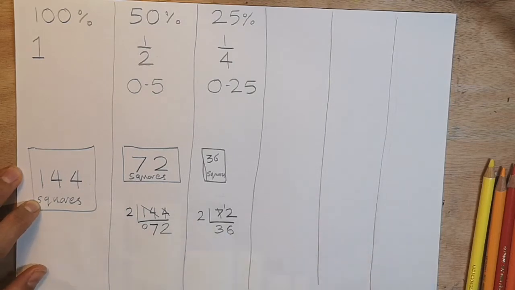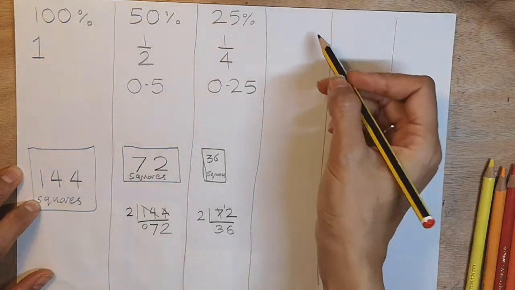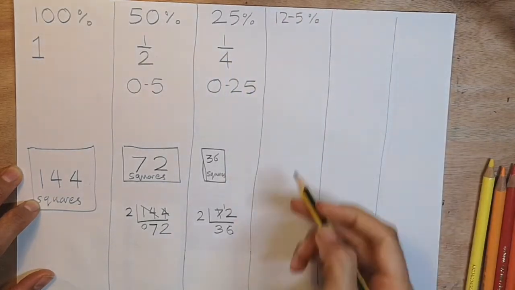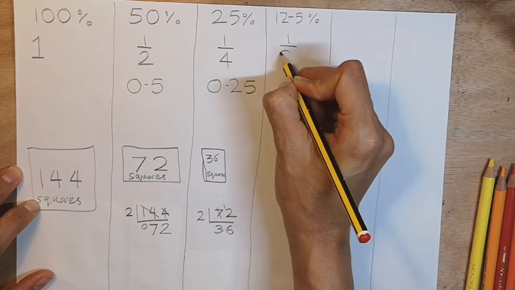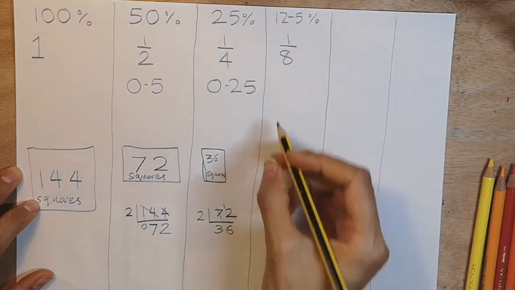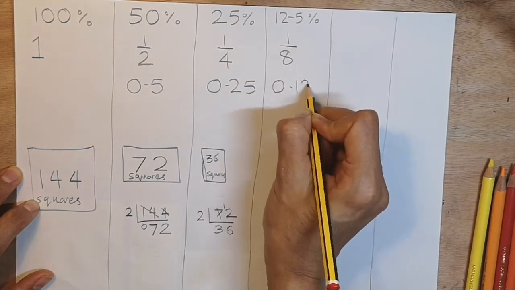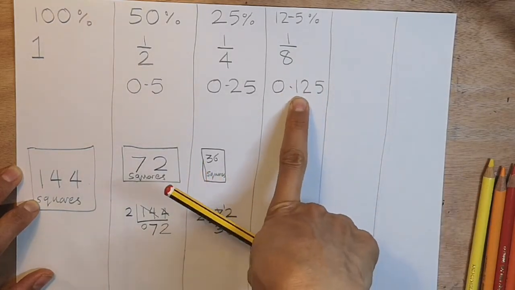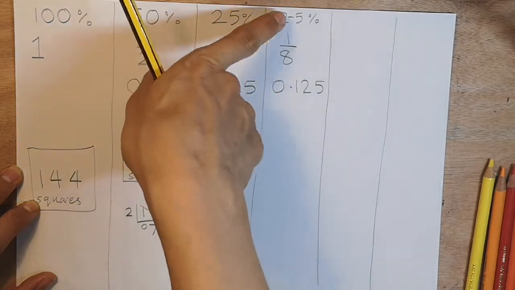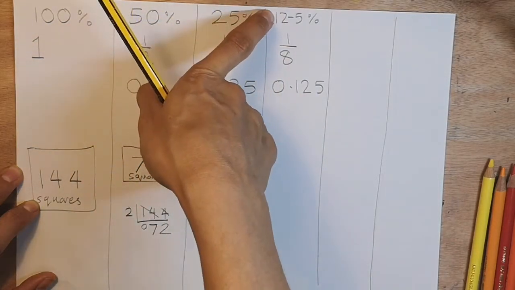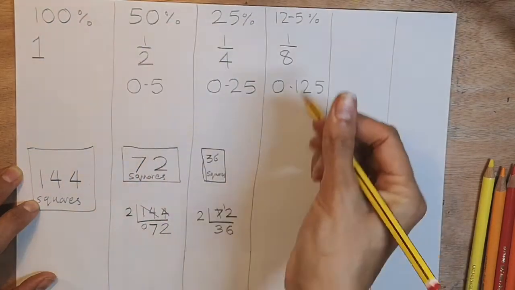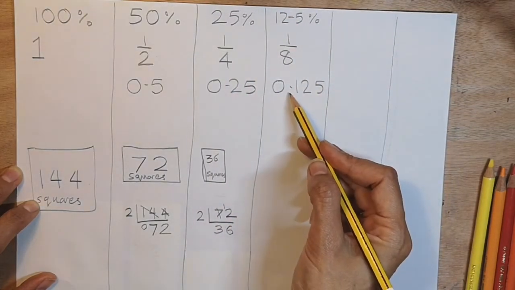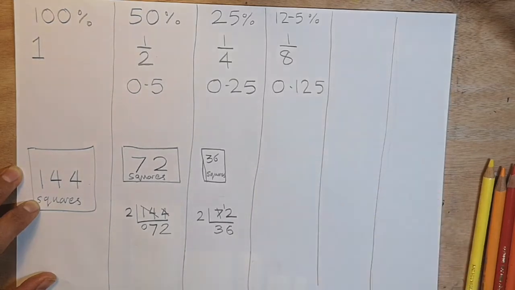Why don't we halve it again and do 12.5%, or 1/8, or 0.125. How did we work that out? Remember that we divide the percentage by 100. We move the decimal point back twice, and that gives us this.